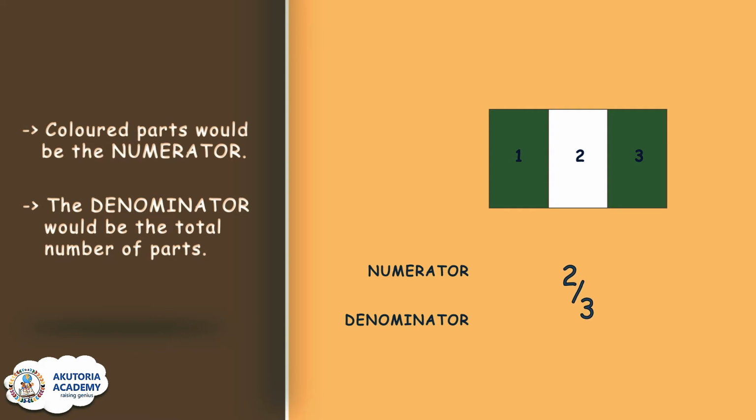The fraction of the green colored thirds would be 2/3 or 2 over 3, because we divided the shape into 3 equal parts, and 2 out of its parts are colored green. So 2 is on top, while 3, which is the total number of parts we divided the rectangle into, would be below. 2 is the numerator, while 3 would be the denominator.